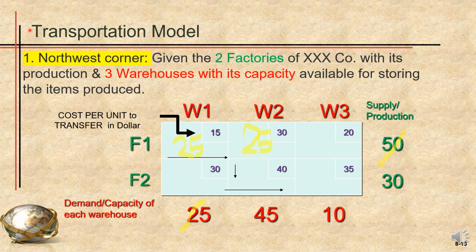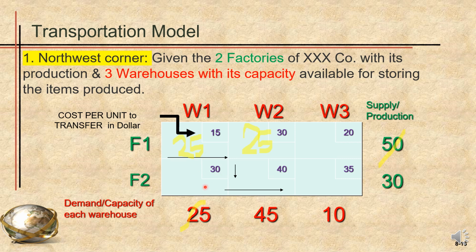So we have to move on to cell number 4. Looking at cell number 4, though the supply of factory 2 is 30, warehouse 1 is already full of products coming from factory 1. So this cell number 4 will be empty also.